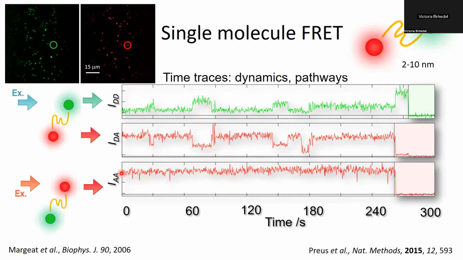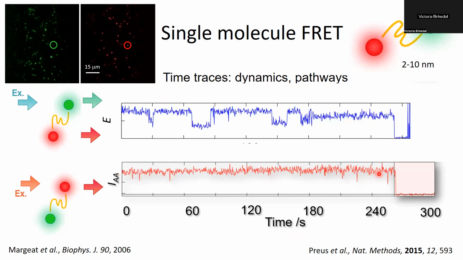And this one is just a check. So from that, we can determine a FRET efficiency that tells us that it's changing its conformation. And with this method, we can get time traces for each individual molecule and see how they're changing their conformation as a function of time.